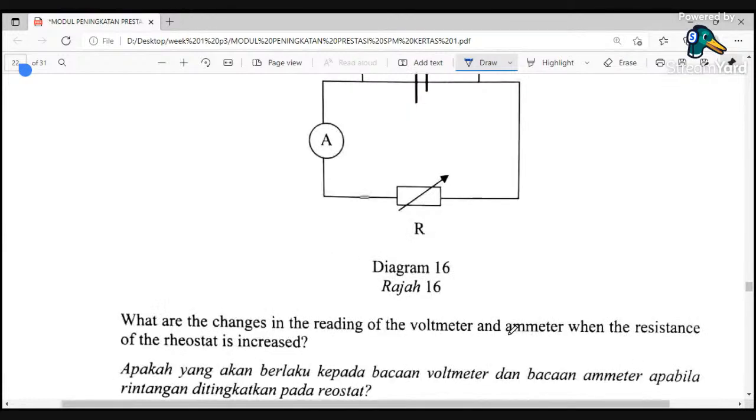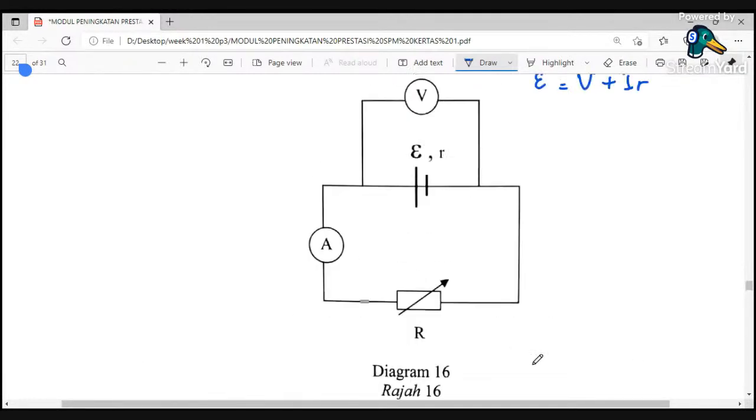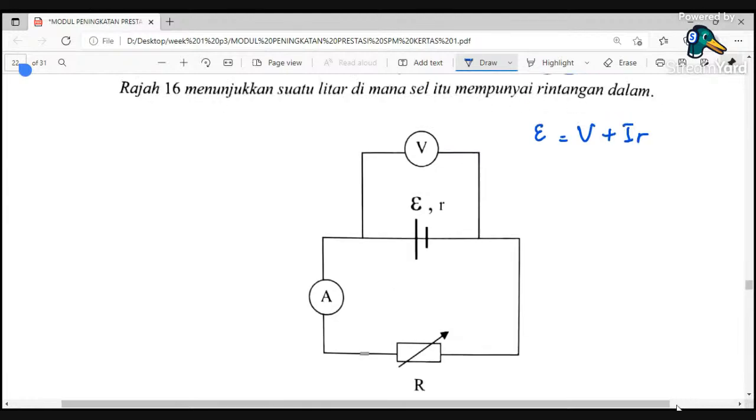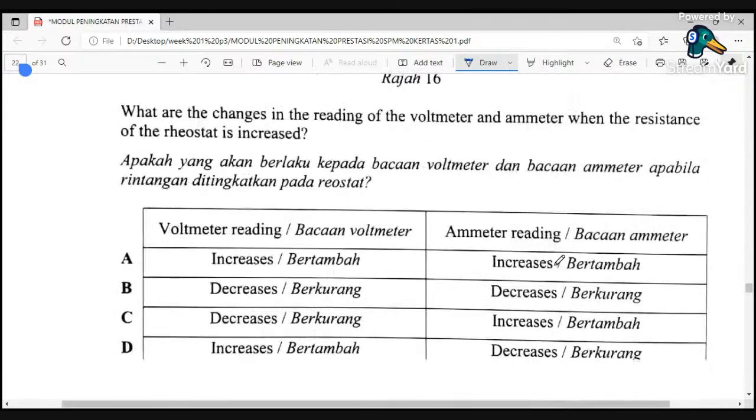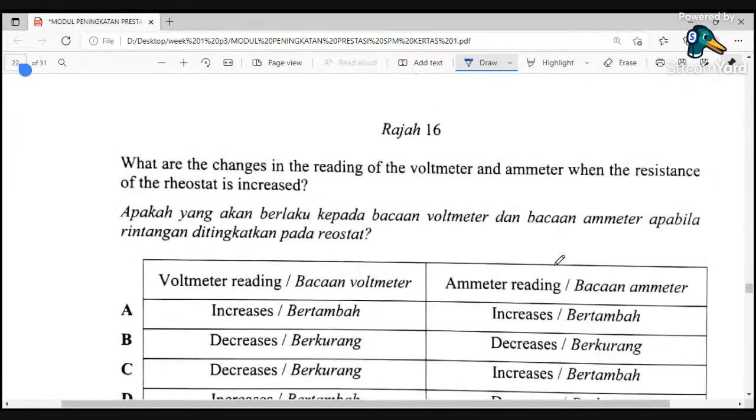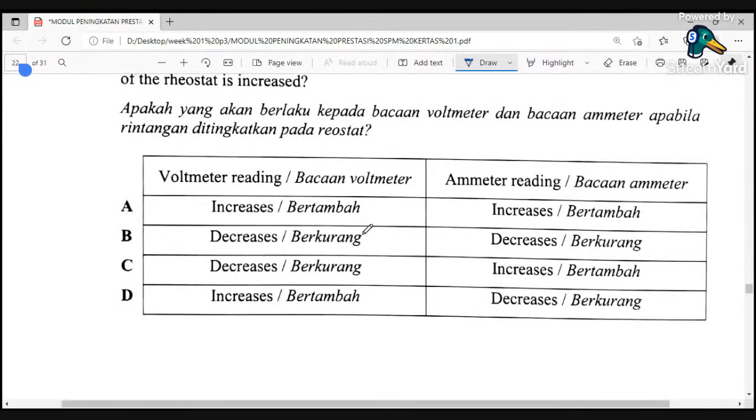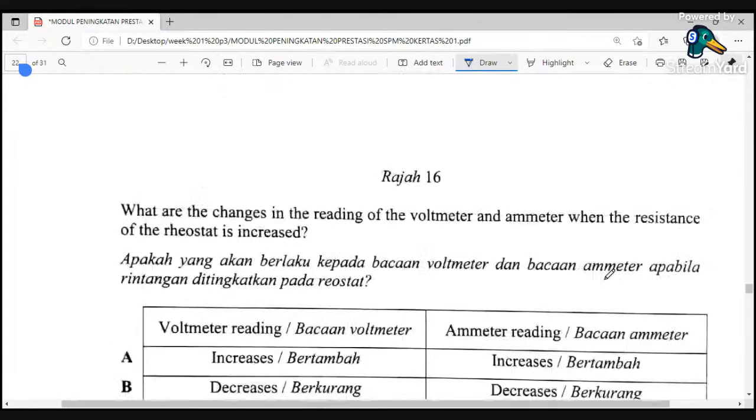Okay, external resistance increase R. Okay, formula, capital V is IR. What happens to reading of voltmeter and ammeter?